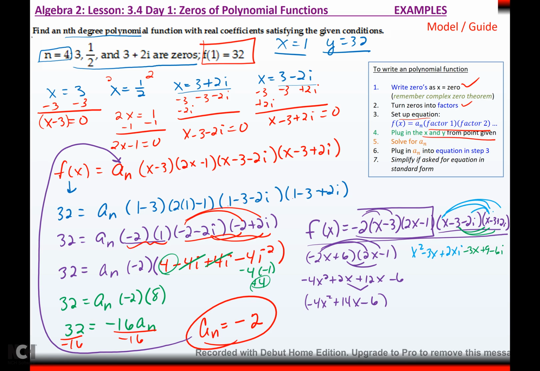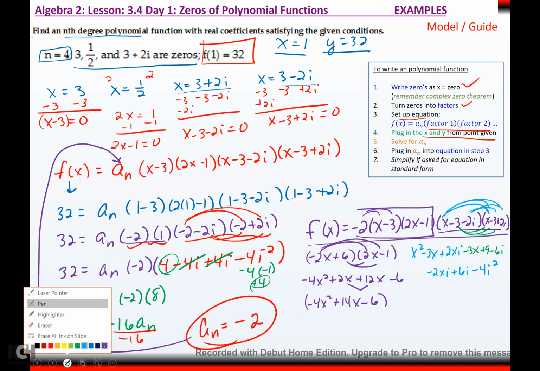Negative 2i times x, I'm going to have to come down here, is negative 2xi. Negative 2i times negative 3 is positive 6i. Negative 2i times positive 2i is negative 4i squared.